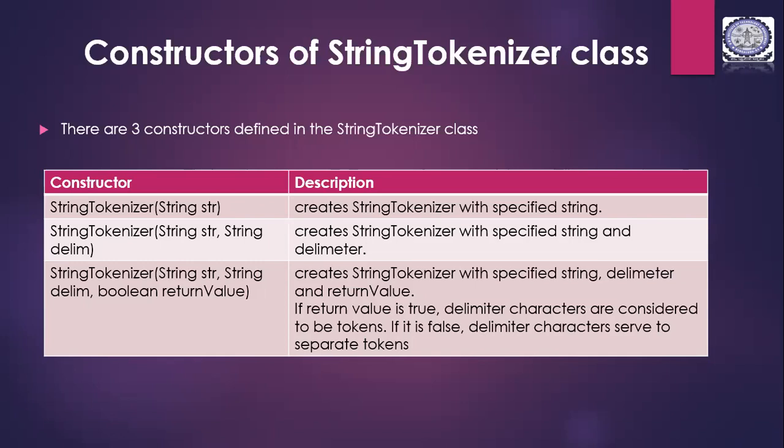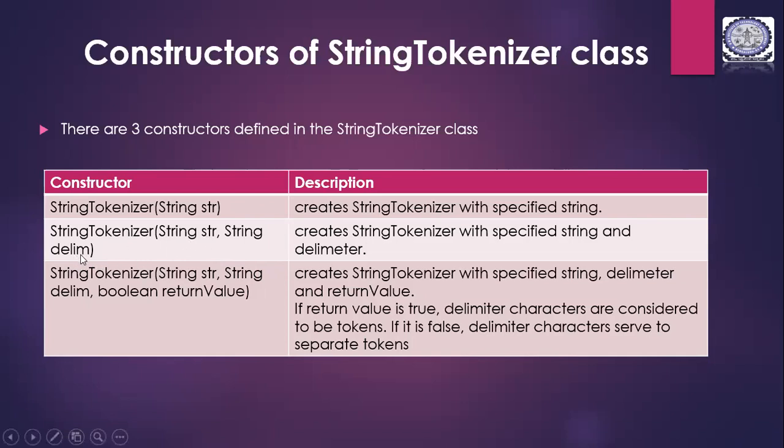The next constructor is StringTokenizer(String str, String delim). Here delimiter is also a string. You can give a single character to be a delimiter, or you can give two or three characters that act as a delimiter. So here you have two arguments, str and delim.